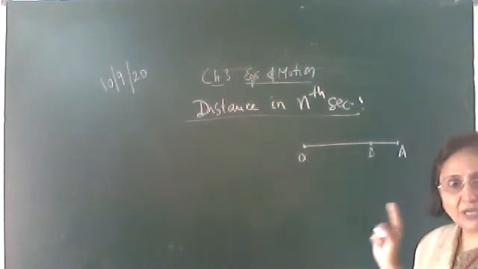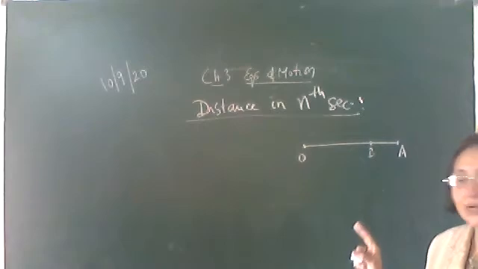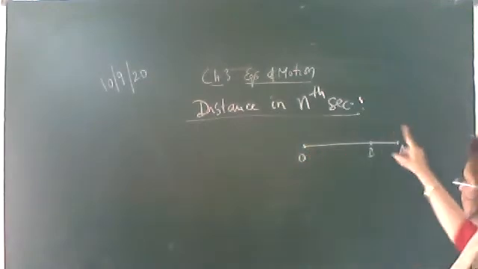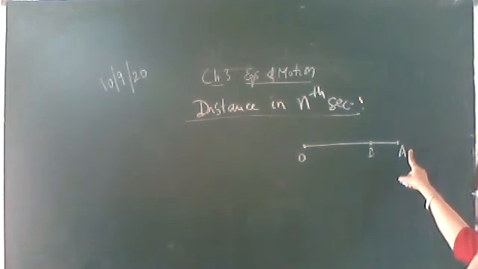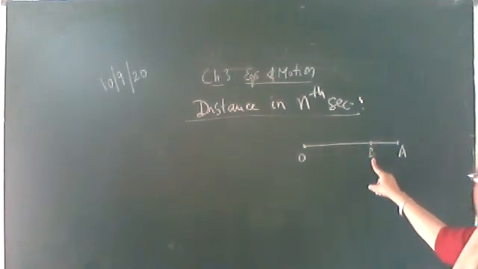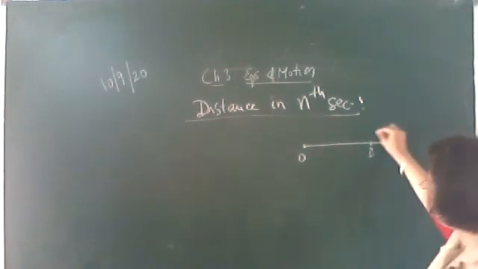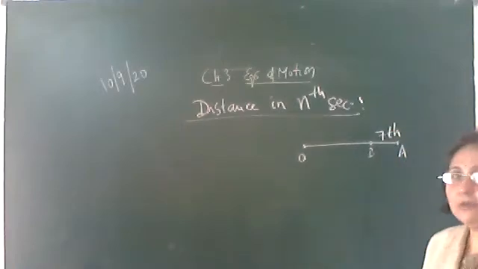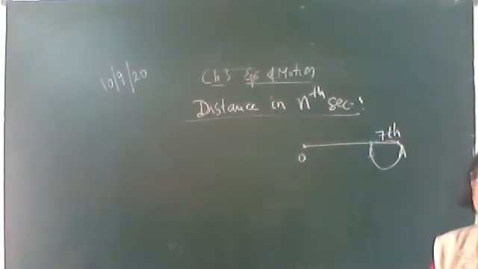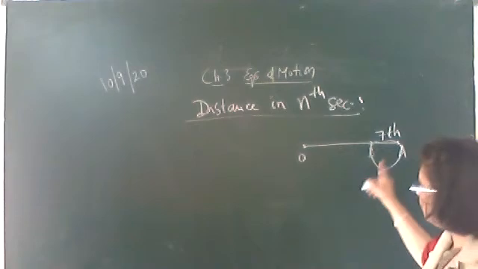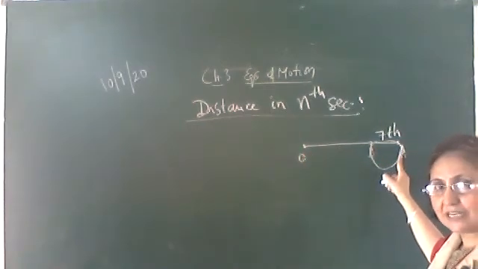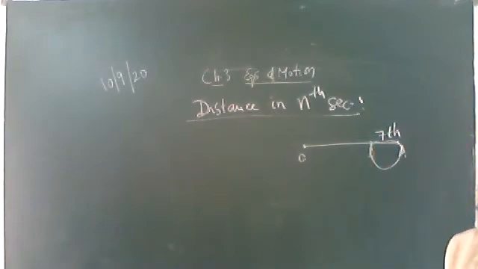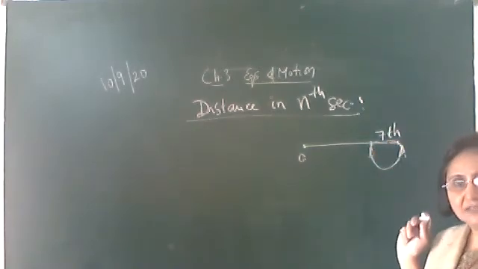When you use the formula S is equal to ut plus half at square, you get the distance from 0 to 7 seconds. Let the body have traveled from O to A in 7 seconds, and O to B in 6 seconds. So in the particular 7th second, how much distance has it traveled? BA distance. That is, you find the distance traveled by the particle in 7 seconds minus the distance traveled in 6 seconds, and you will get the distance traveled in the 7th second.